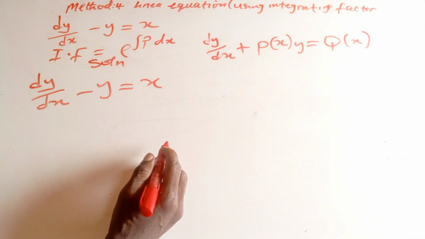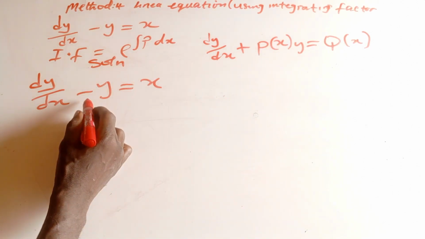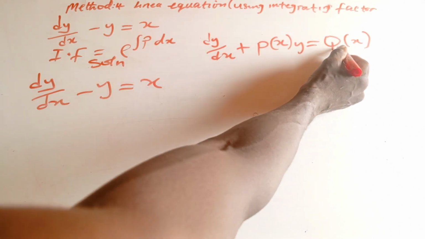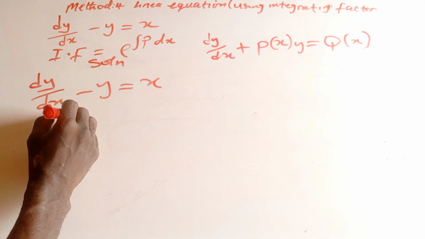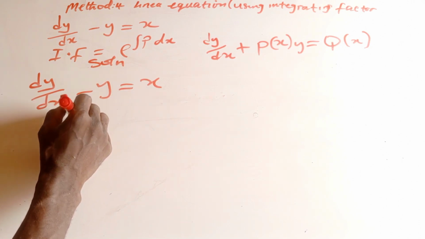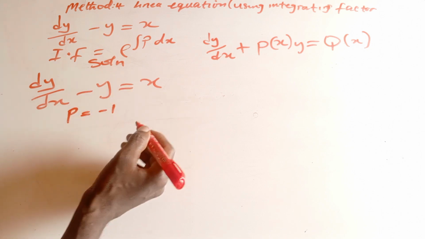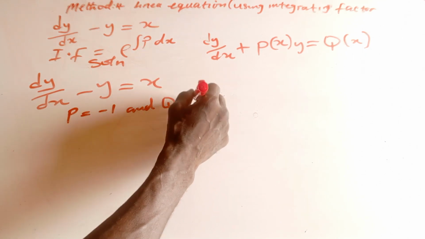Now looking at the question, the coefficient of y is minus 1, and our q in this question is x. Therefore we can say our p is equals to minus 1 and q is equals to x.